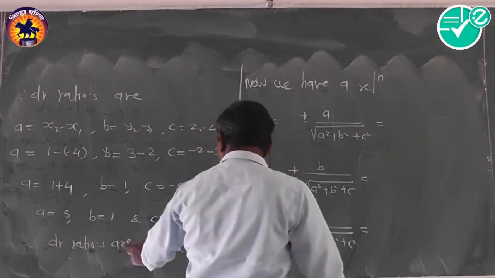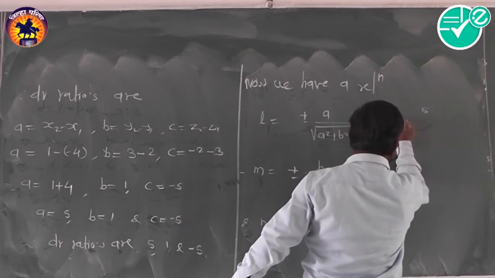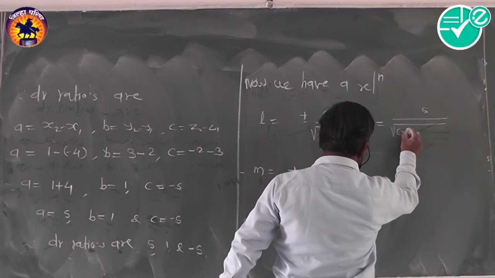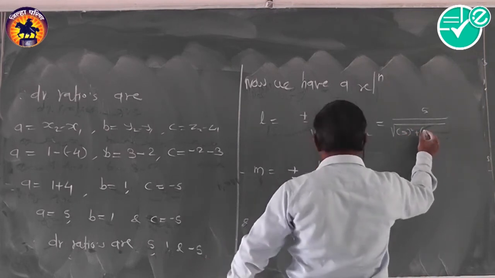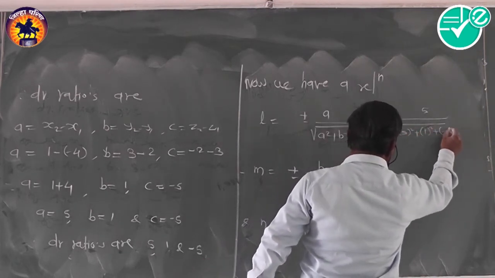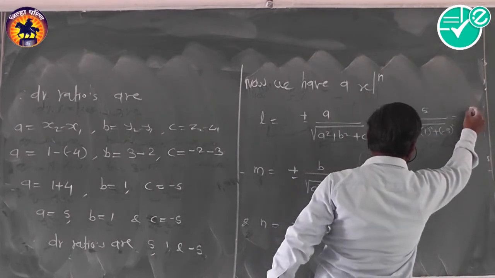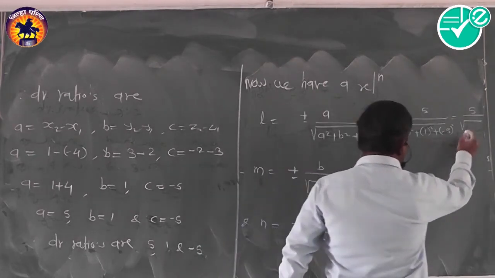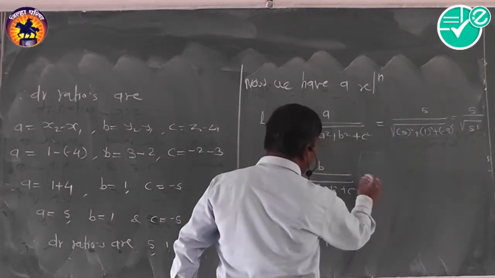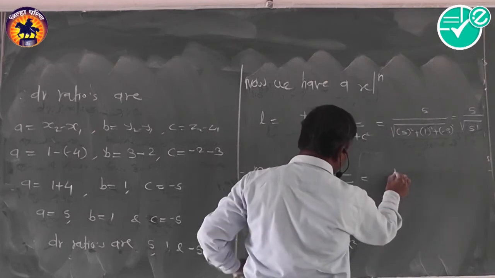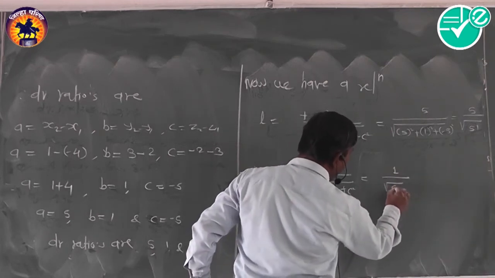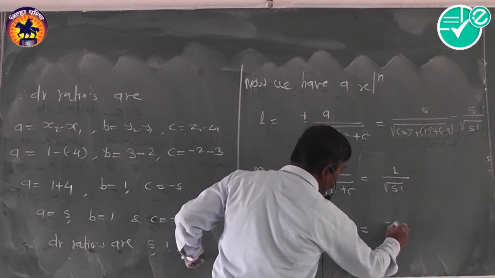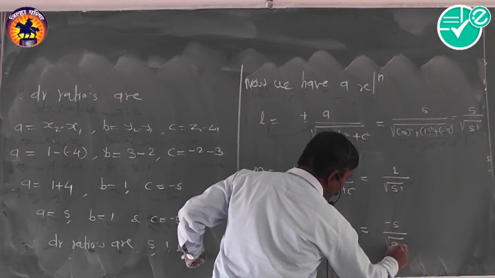Now here a is 5, so 5 square, b is 1, c is minus 5 square, so the sum is 51. So l is equal to 5 divided by under root of 51, m is 1 divided by under root of 51, and n is minus 5 divided by under root of 51.